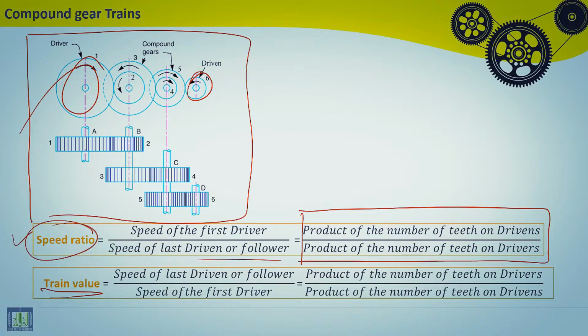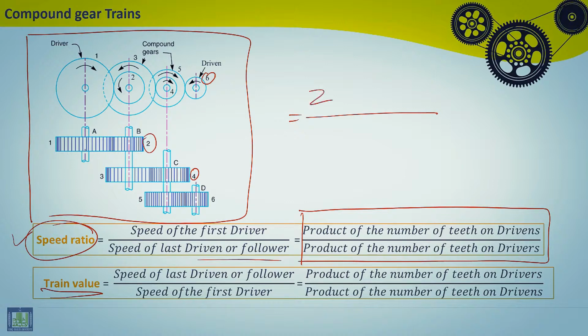Let's see the speed ratio for this example. It is equal to the product of the number of teeth on the driven gears. The driven gears here are number 6, number 4, and number 2.